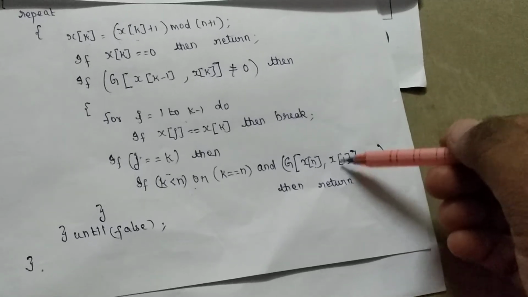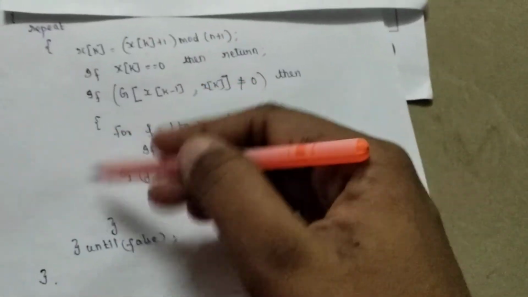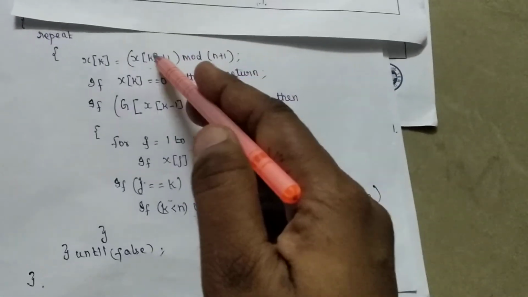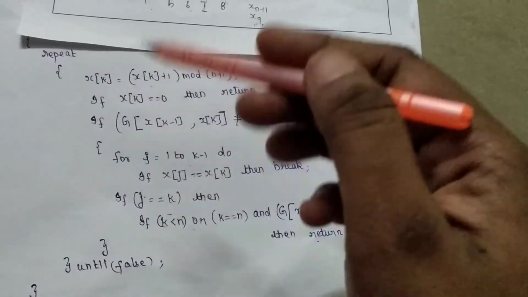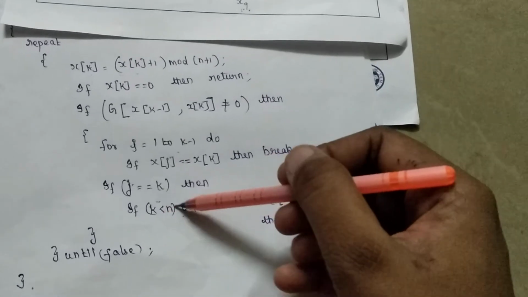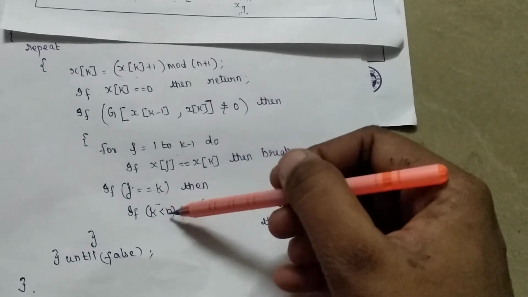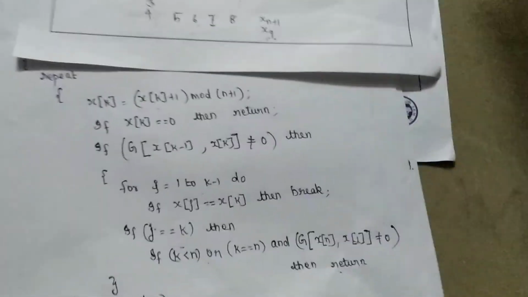If the starting vertex is reached, then we can return true. Otherwise, it will return false. We have to assign the next value for x of k. Repeatedly, you have to do it until you get x of k equal to n, right? So this condition will be true if k is less than n. If k reaches n, it will return false.